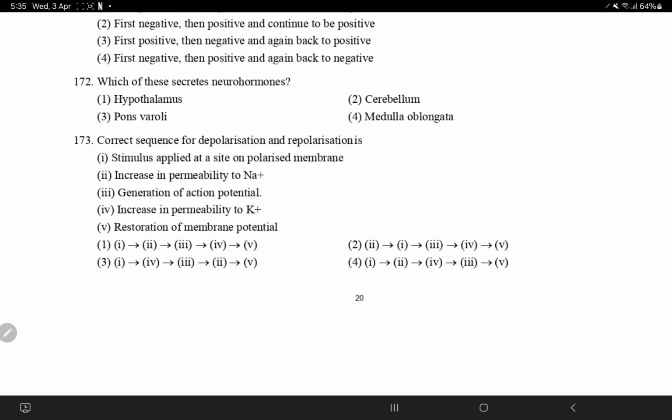Correct sequence of depolarization and repolarization: stimulus applied at the site on the polarized membrane, increased permeability of sodium, generation of action potential, and next increasing the permeability of potassium, restoration of membrane potential.